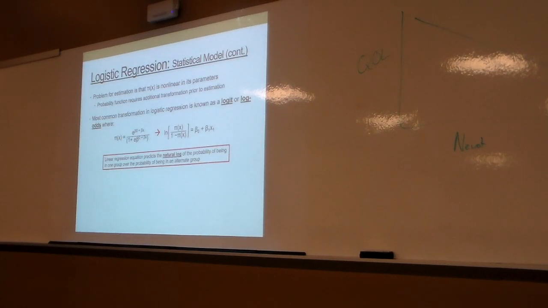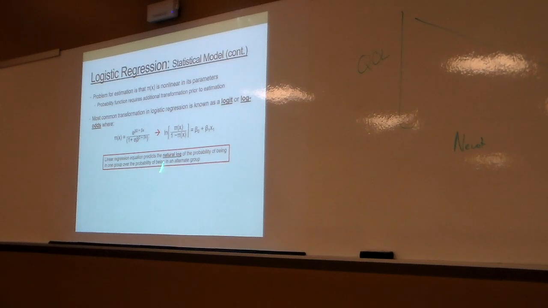So what we do with logistic regression is we utilize a link function, okay? Basically we transform our outcome using some sort of transform. We talk about this transform as our link function. The most common link function is going to be a logit, or log odds.